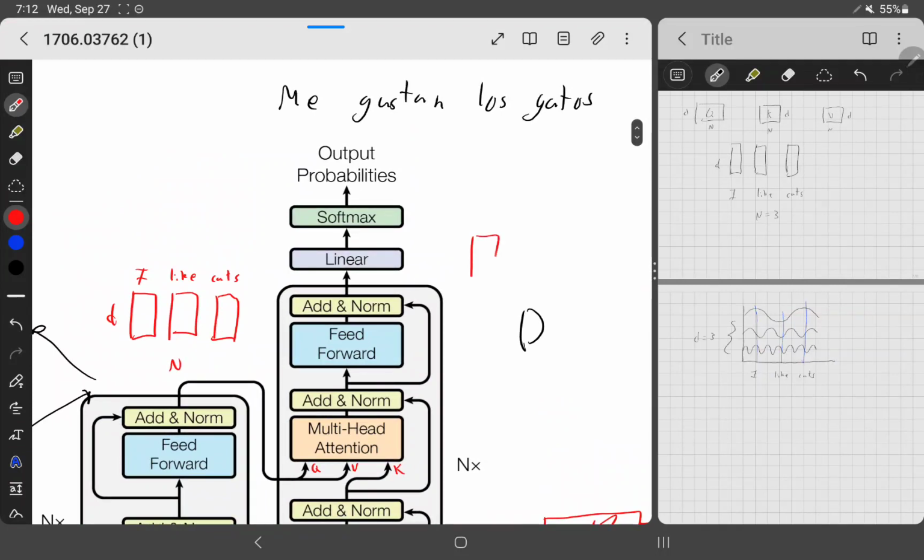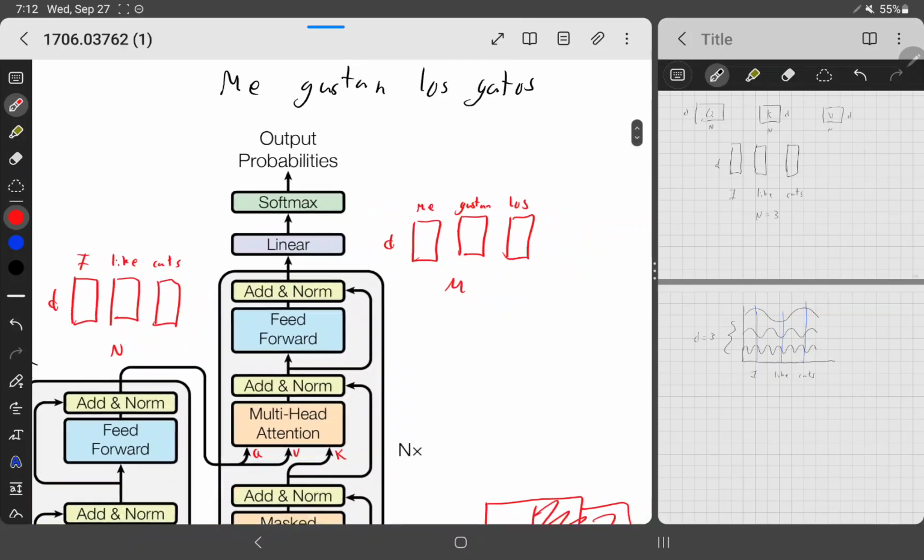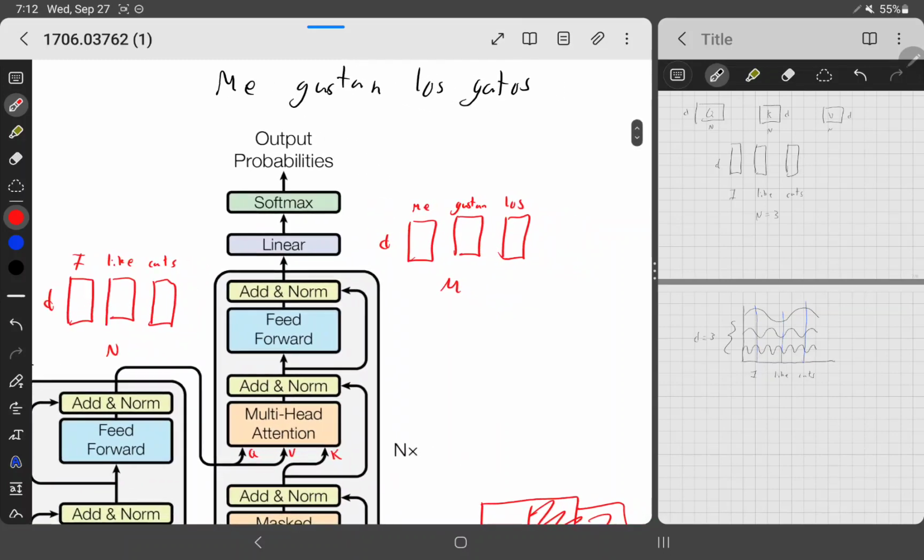Then your output will be your M by D matrix. So maybe this is "me gustan los", and it needs to predict the word "gatos". So when you're doing inference, what you will do is take this last token, throw it through a linear layer, take the softmax.